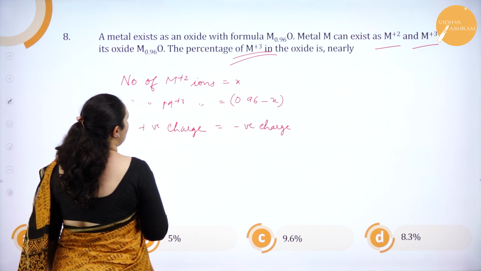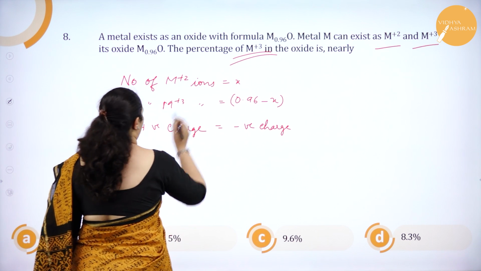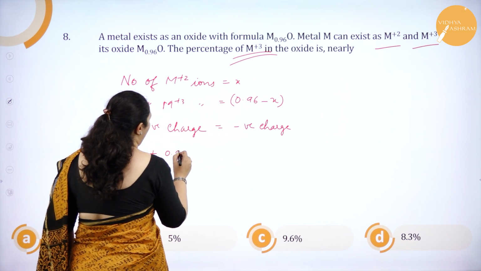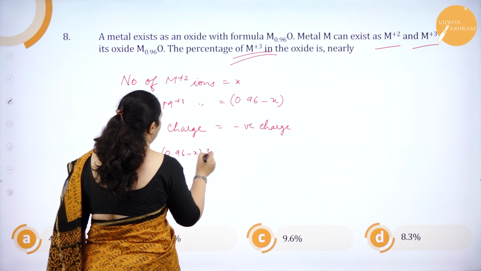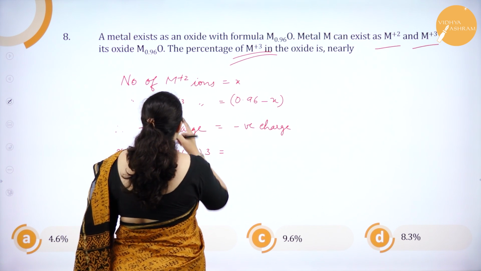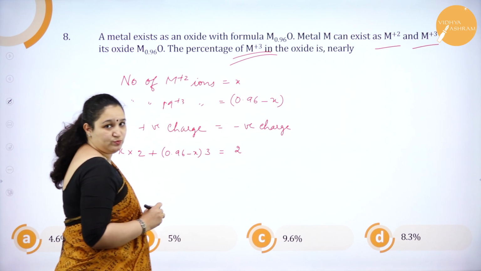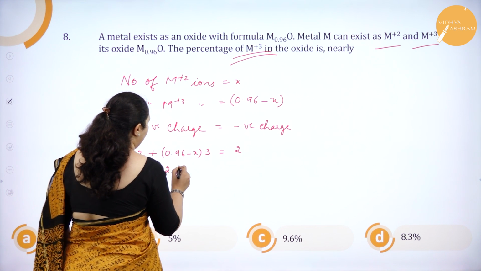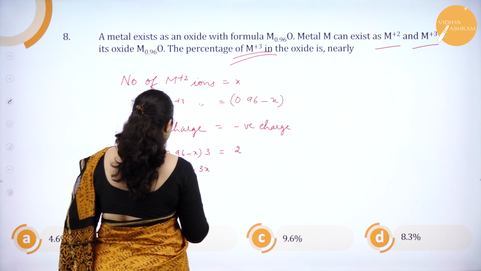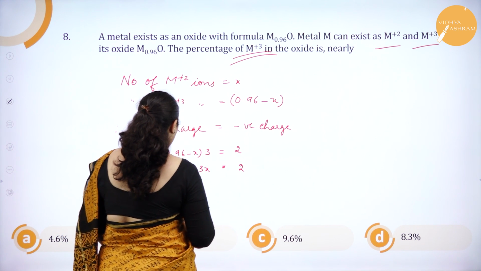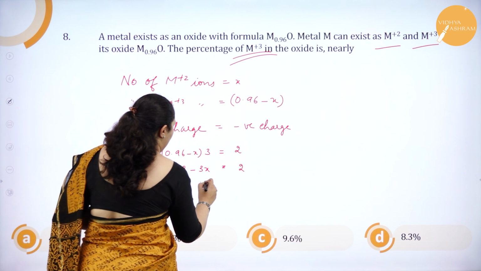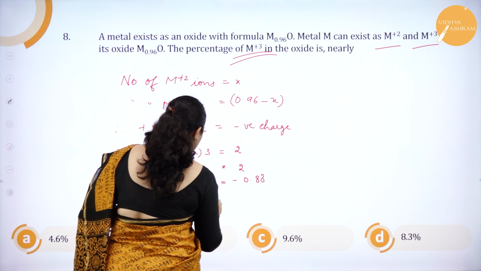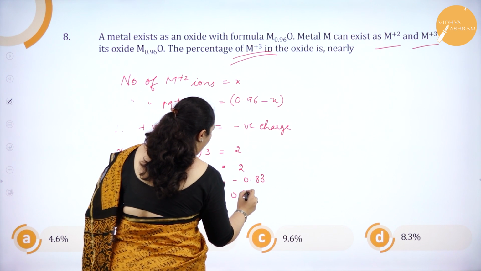For positive charge, I have +2 which is x, so x into 2, plus 0.96 minus x into 3, because the charge is 3, and negative I have O2-, which is 2. Now this is 2x plus 2.88 minus 3x which is equal to 2. I'll just rearrange this. I'll get minus x is equal to minus 0.88, that is nothing but x is equal to 0.88.